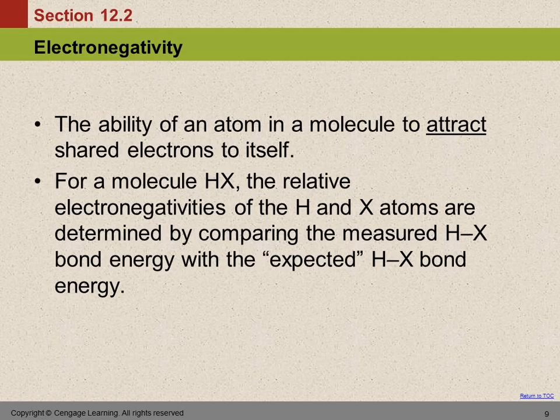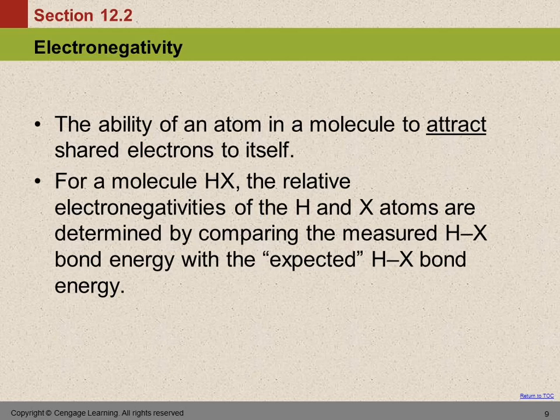So if we talk about a molecule HX, where X is just some element and H is hydrogen, the relative electronegativities of those two atoms are measured by comparing the actual energy of that bond with the expected energy of the bond.